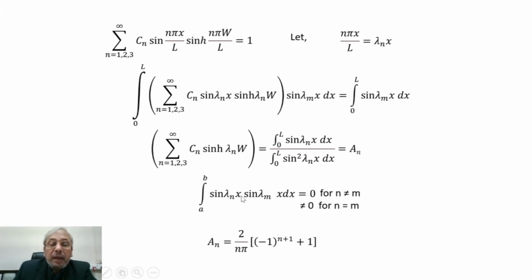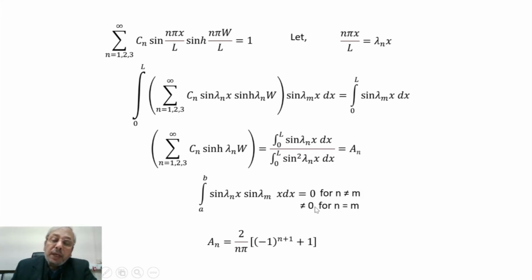So when m equal to n, it is sine square lambda n x dx, and then only it will be non-zero, otherwise it will produce 0.